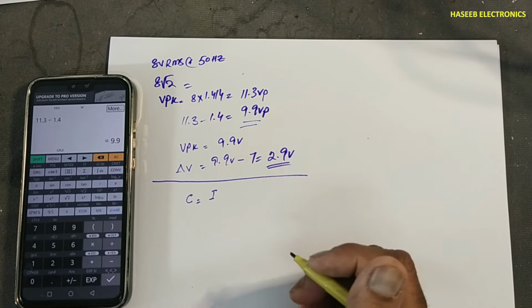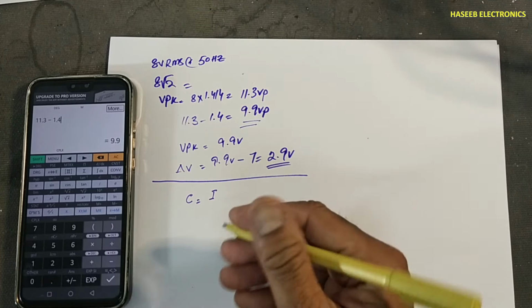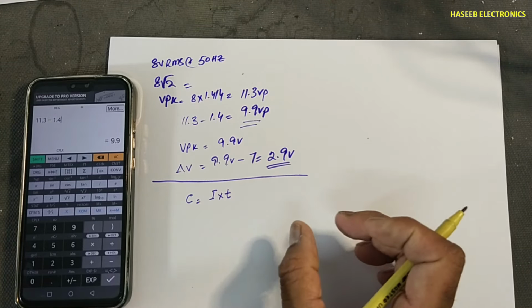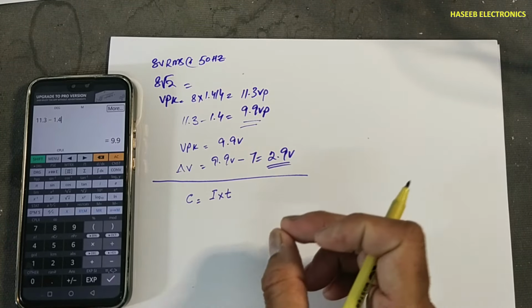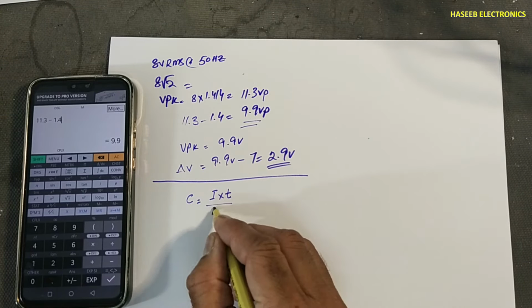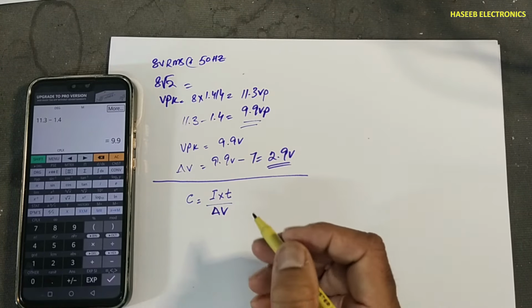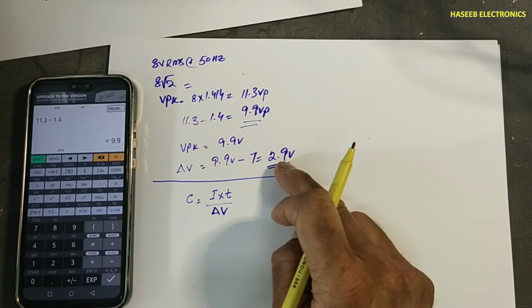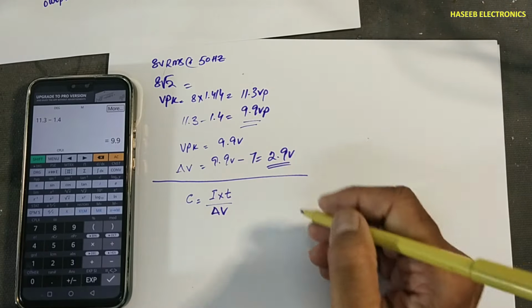Now when we are calculating a capacitor, we need load current for charging and discharging, how much time will be allocated for charging and discharging, divided by delta V, the ripple voltage variation, which we set with an upper level limit and lower level.